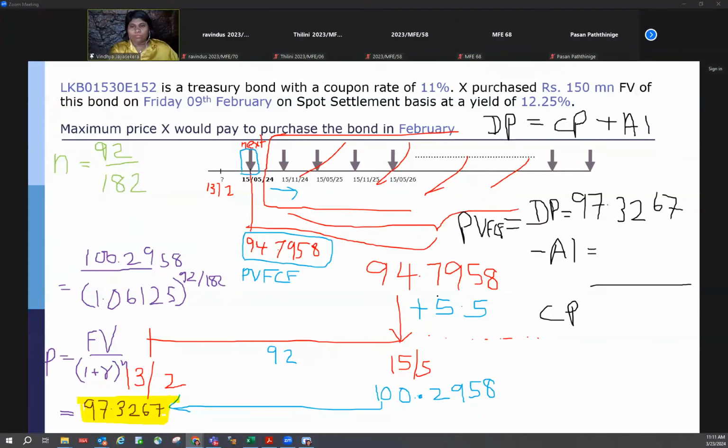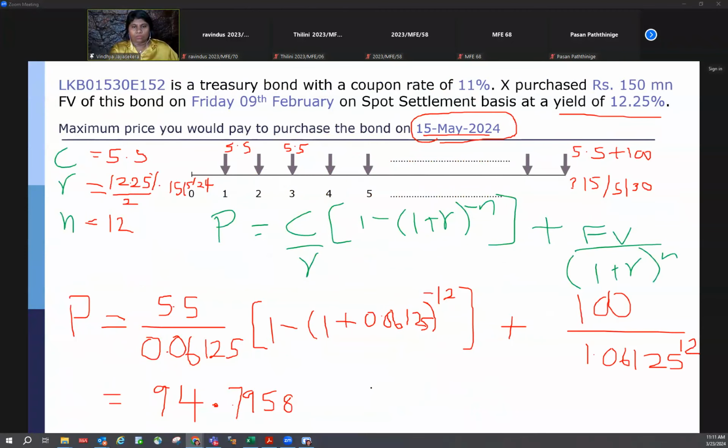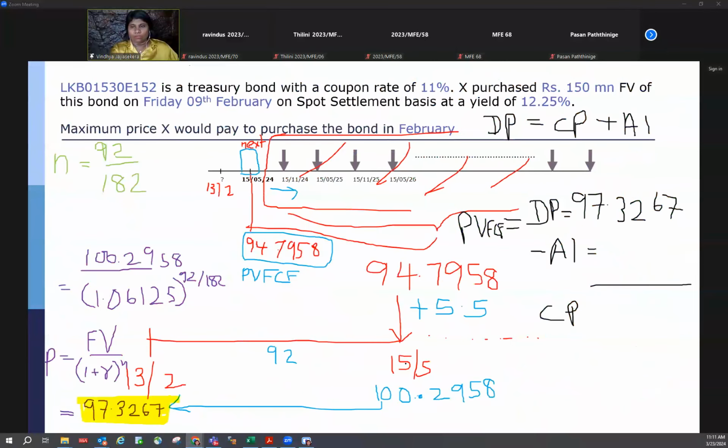So how much is my accrued interest? 2.719. So how much is my clean price?